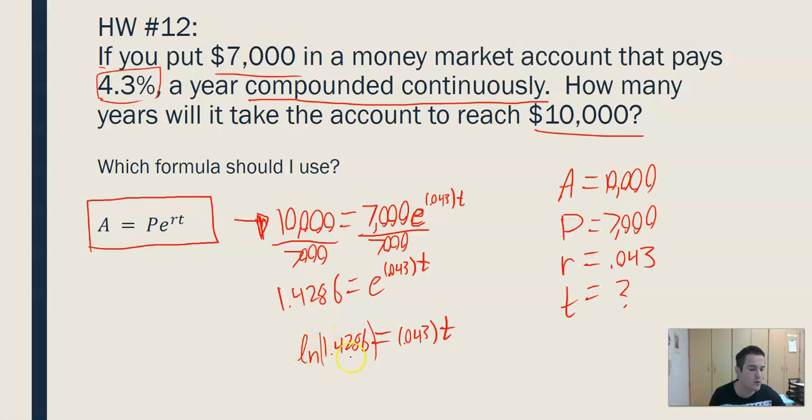Well, ln of 1.4286, what is that? Let's type that in. ln of 1.4286 is 0.3567 equals 0.043 times t. Well, I'm solving for t. If t is being multiplied by 0.043, I have to divide by 0.043.